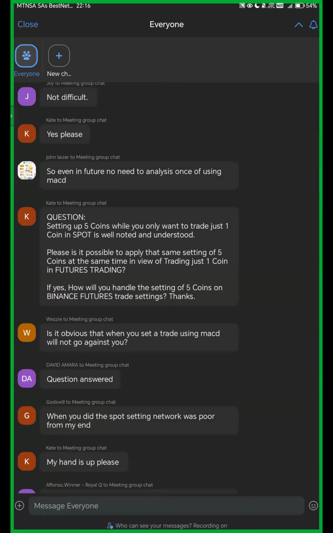That's what we only do. Whether you are setting 5 coins or 10 coins, you are setting them in Royal Q. What you do in your exchange is manage the capital so that the robot does not misuse your funds.